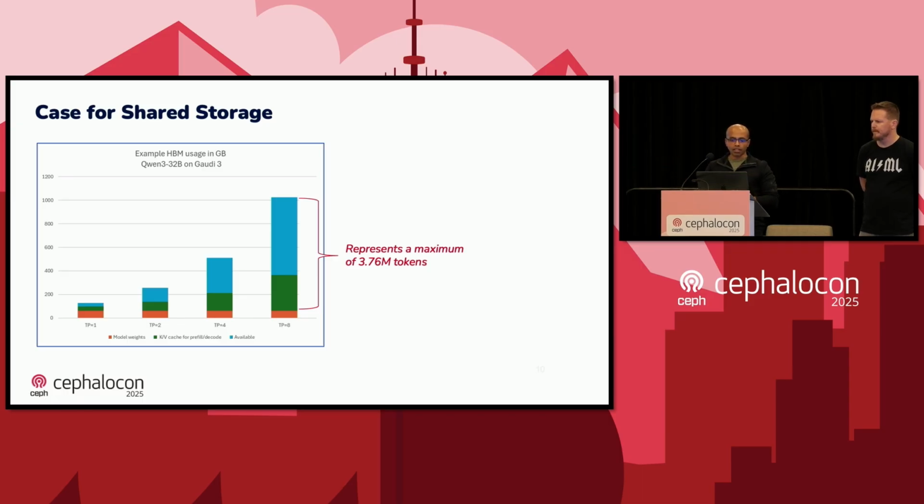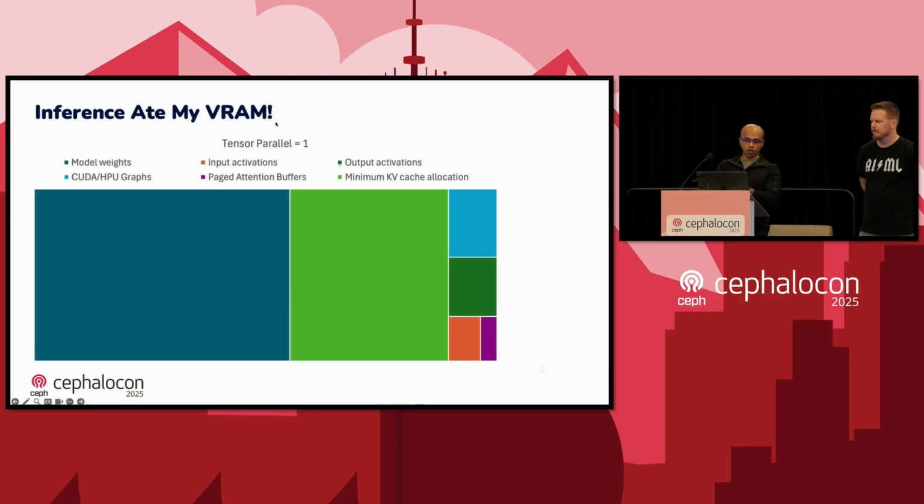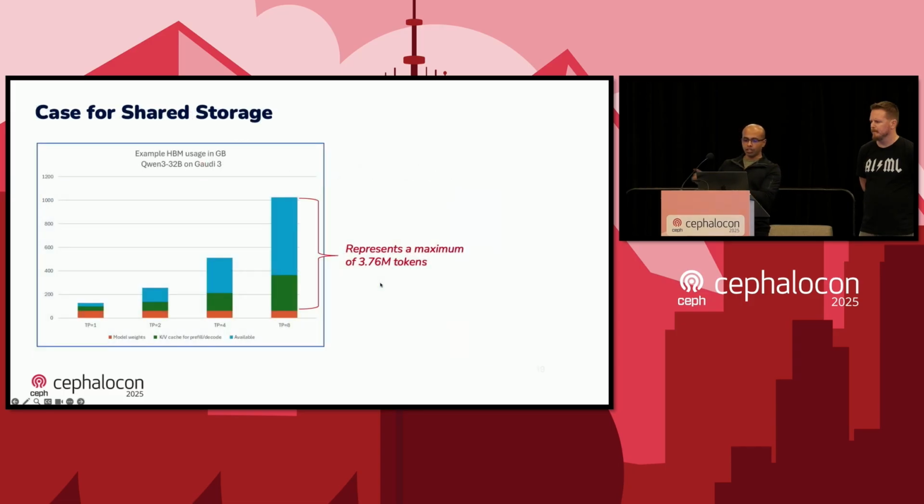The challenge is that when you do this, that orange is fixed. Your KV cache and the other overheads that you saw here, all of these overheads on the right, have to be replicated on each GPU. So what you're left to work with is a very small amount of memory.